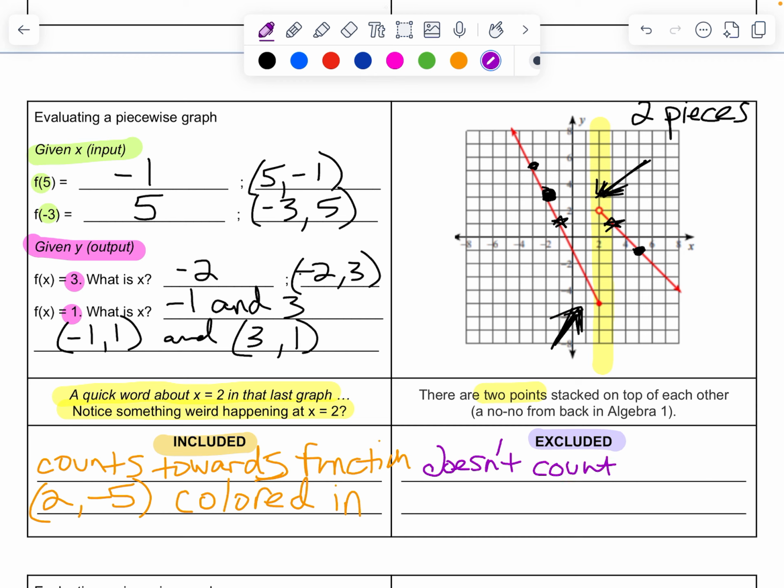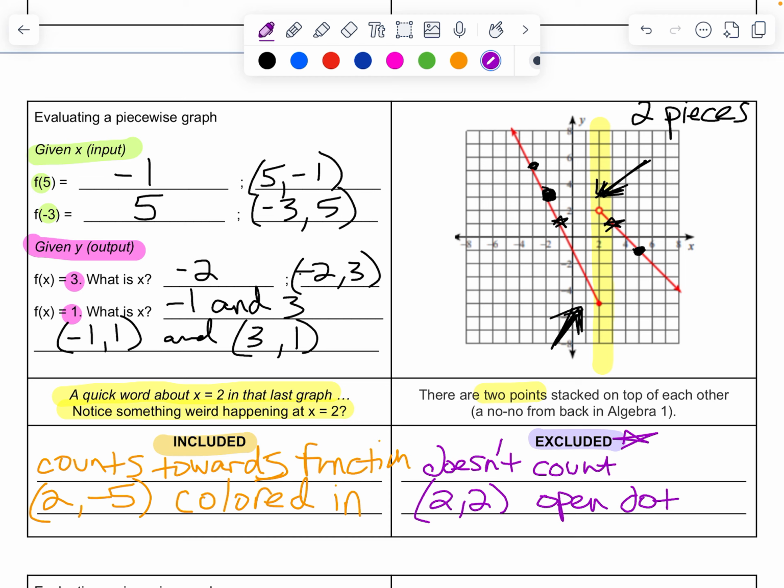In this situation, you probably figured this out, it's the point at 2, 2. So if I see a dot that is not colored in, it's an open dot, then it is excluded. This kind of goes back to what we learned in Algebra 1 class with inequalities, the open dot and the closed dot, and that equal to sign underneath the arrows, you might recall.